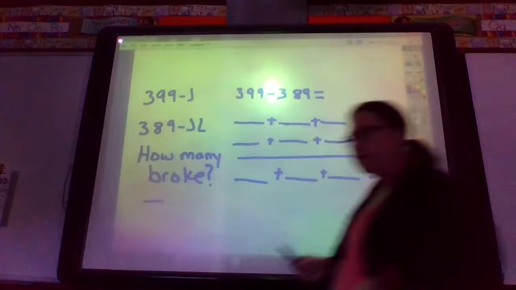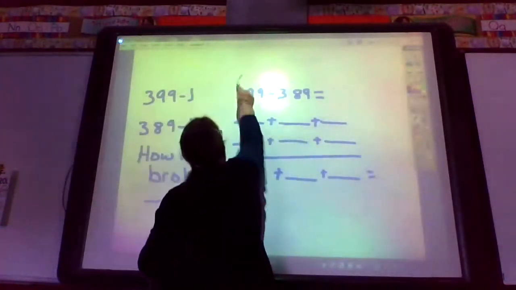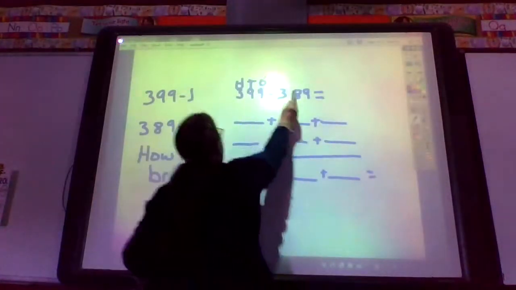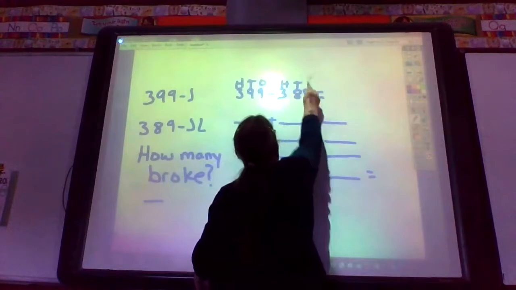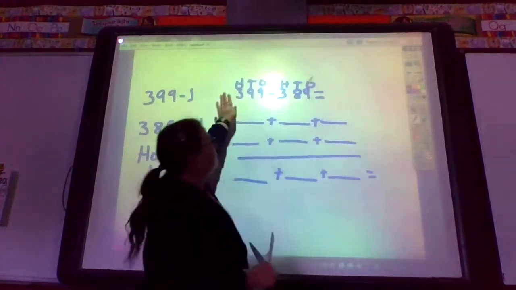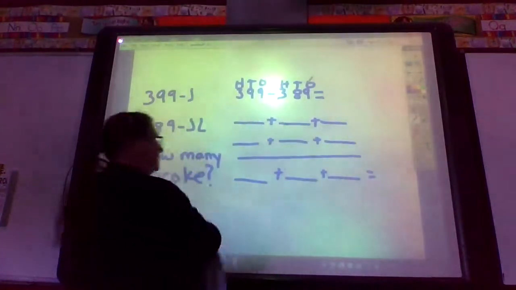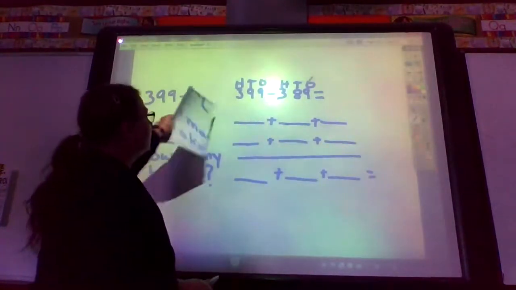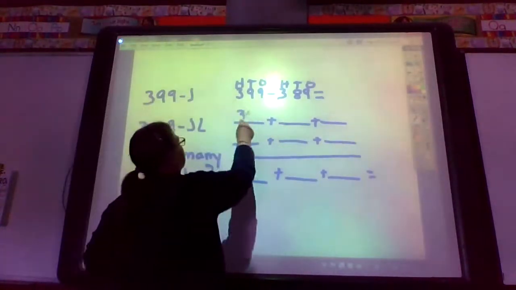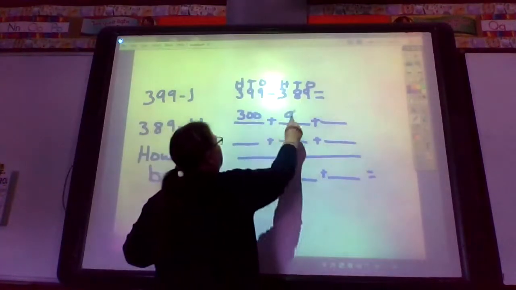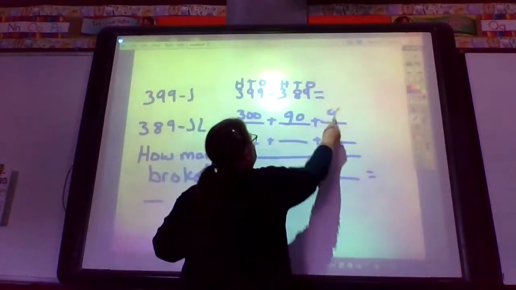So let's look at 399. If I label hundreds, tens, and ones, remember, I label from left to right. I always label from left to right. Hundreds, I have 300. I have 90 and 9.